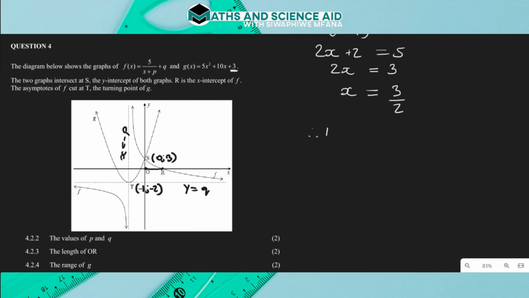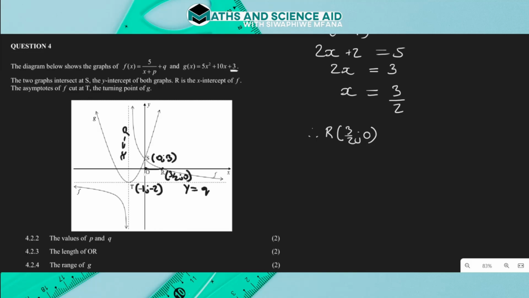And therefore the coordinates of R are 3 over 2 and 0. Okay, I might as well just write these coordinates here. We might need them in the next questions.